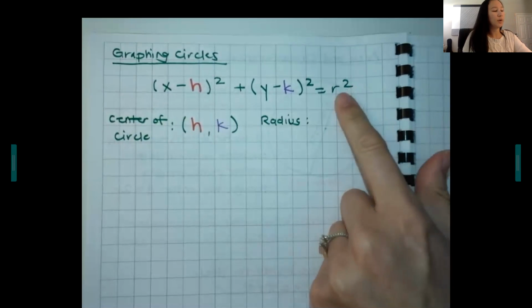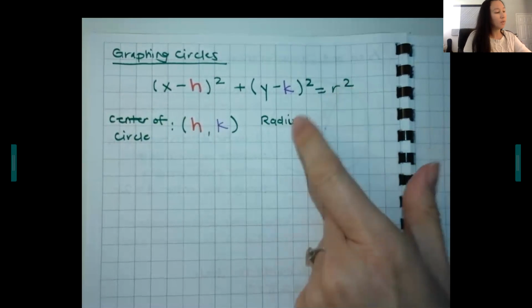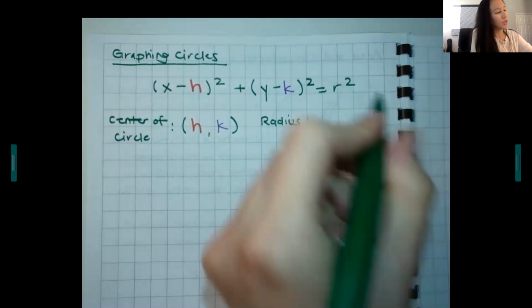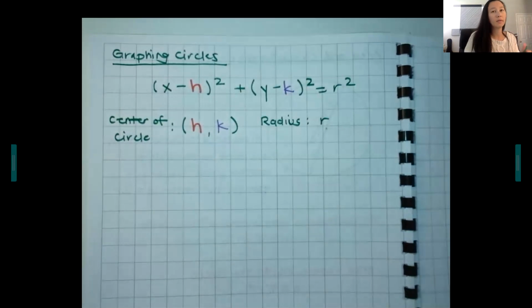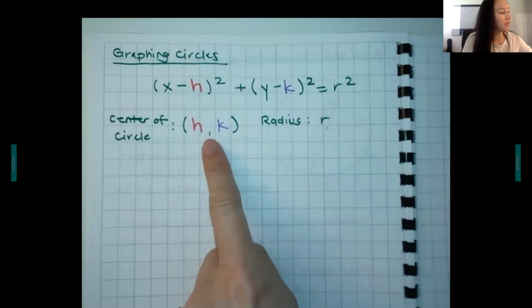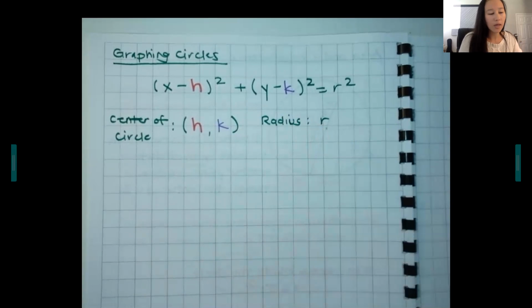If we take the square root of r squared, whatever it equals, our radius is just r. And then we would be able to graph our circle. As long as we have the center and we know the radius, we can graph that circle.